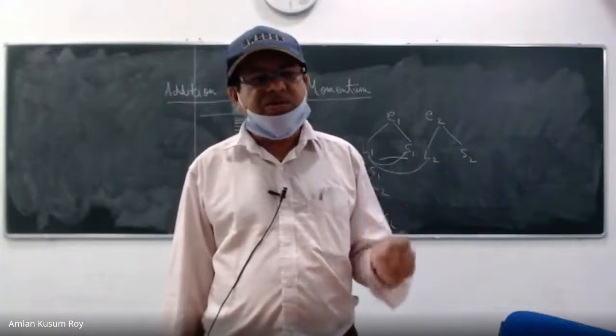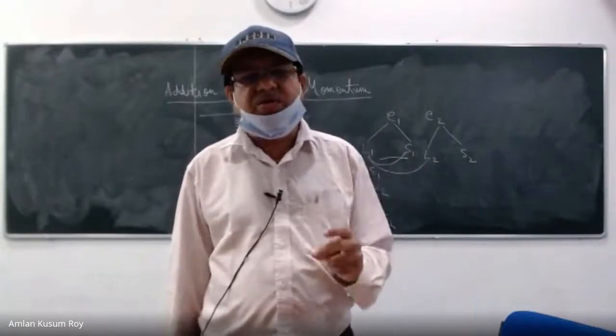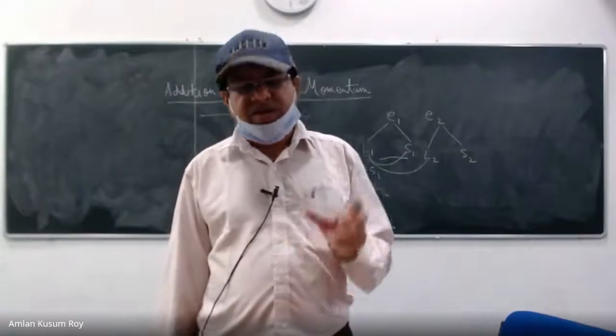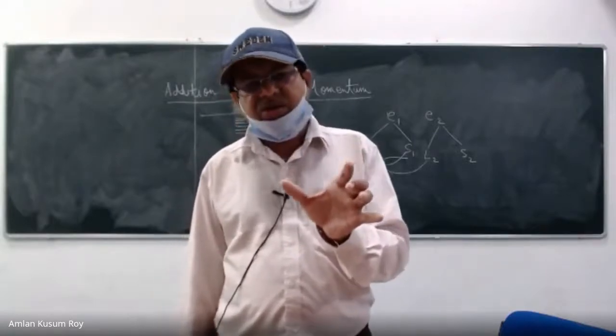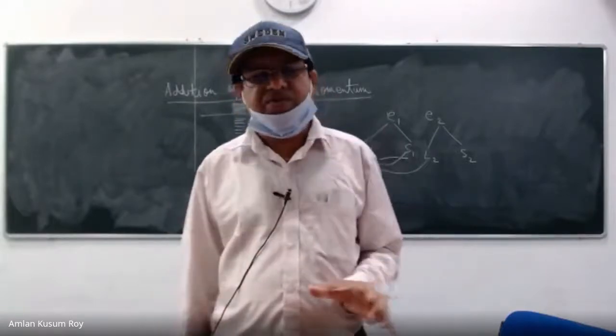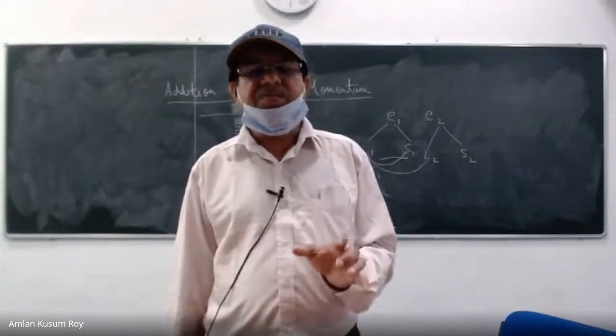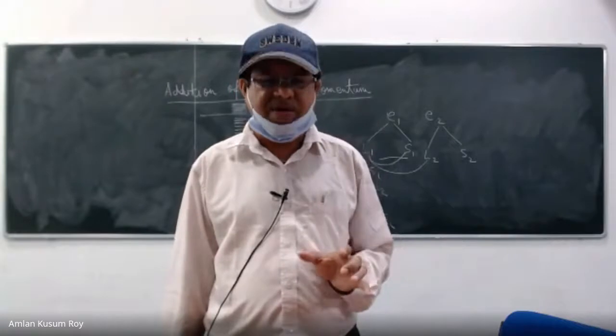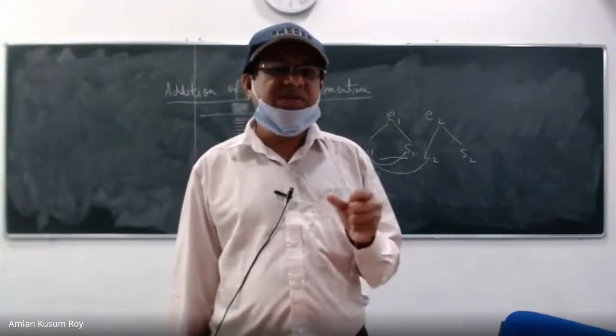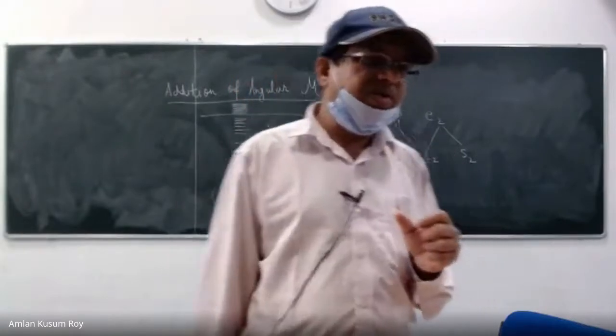Remember, we saw 0, half, 1, 3 by 2, etc. The integral numbers were nicely accounted for by the L quantum number. But as you know, the L quantum numbers cannot take half integral values. So that was the first question mark.